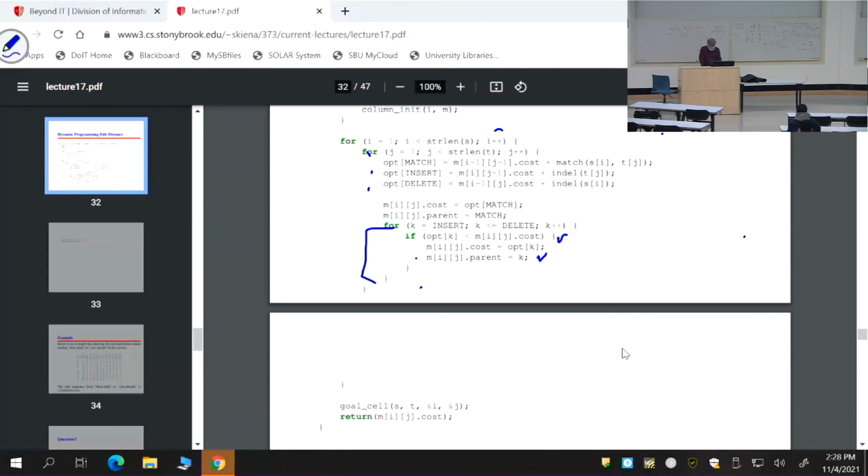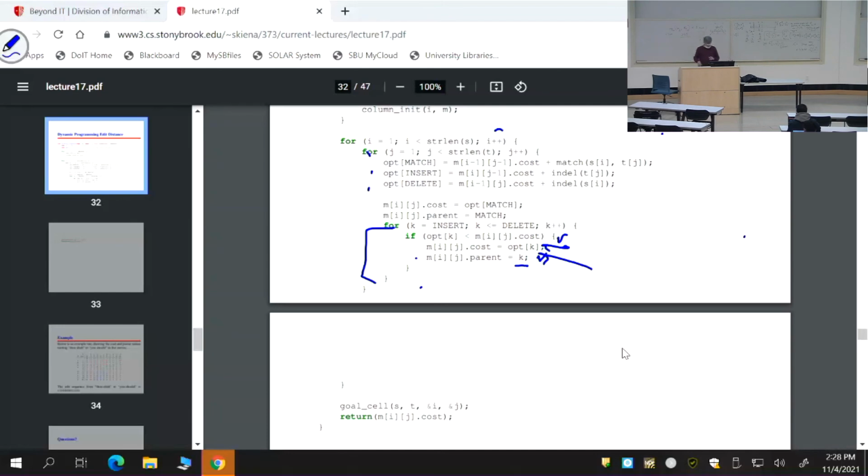I not only kept the cost, but I kept the direction, whether I came that way, or that way. Okay? And by storing that, I can then reconstruct what the path was. Any questions about that?